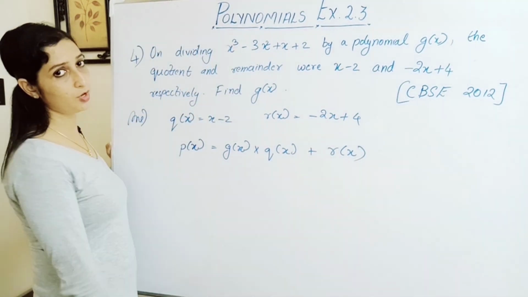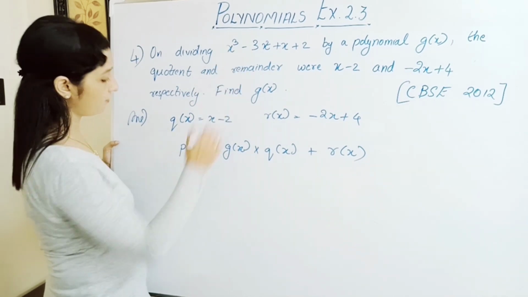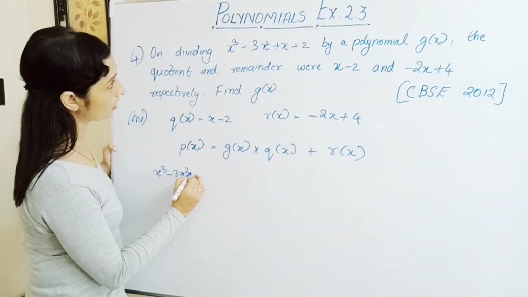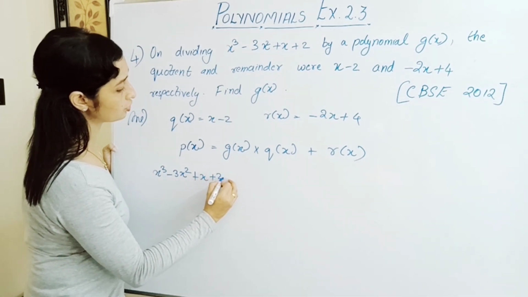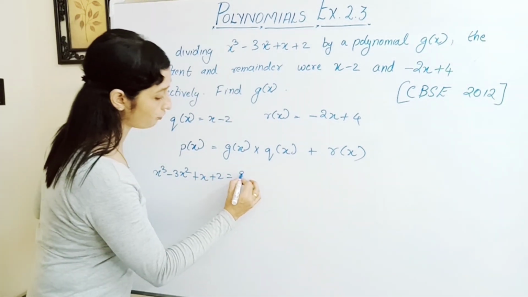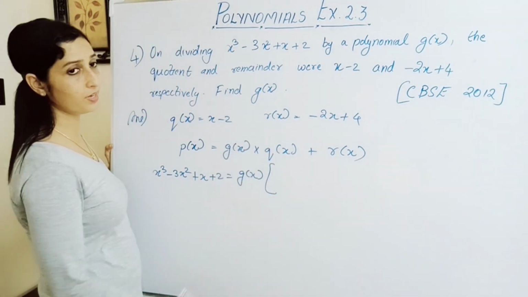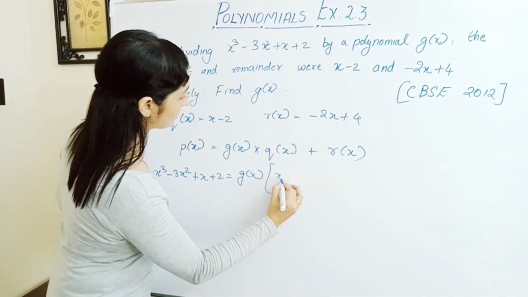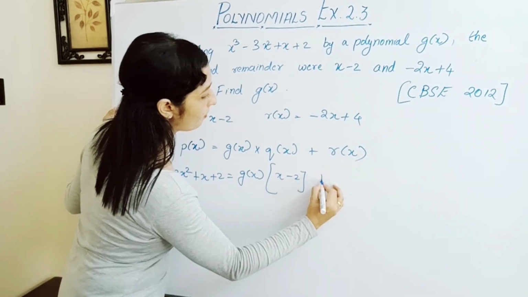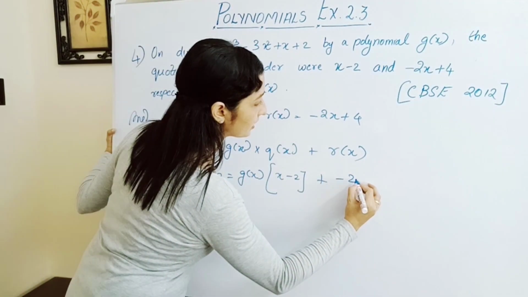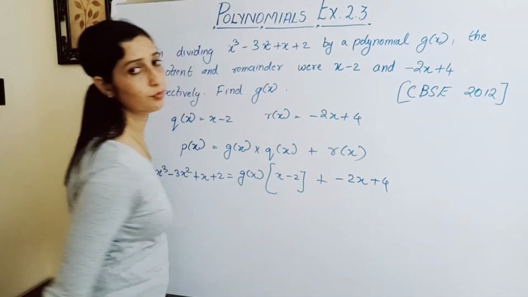Now what is this p of x? P of x is given as x cube minus 3x square plus x plus 2 is equal to g of x, which is what you have to find out, into what is q of x? Q of x is x minus 2, plus what is r of x? R of x is minus 2x plus 4.